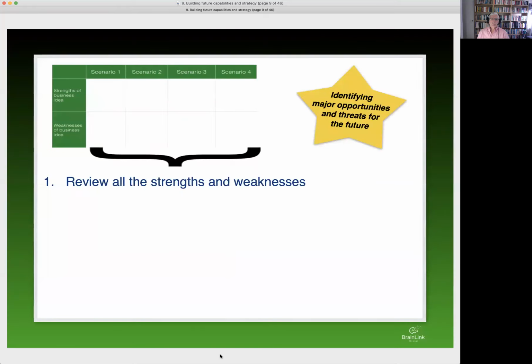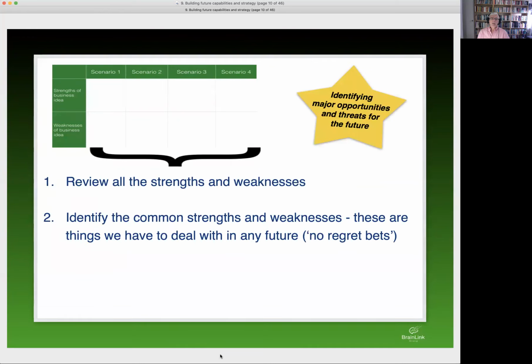So we start off by reviewing all the strengths and weaknesses, and also take into account the common strengths and weaknesses, because these are things we will need to take account of in any future.